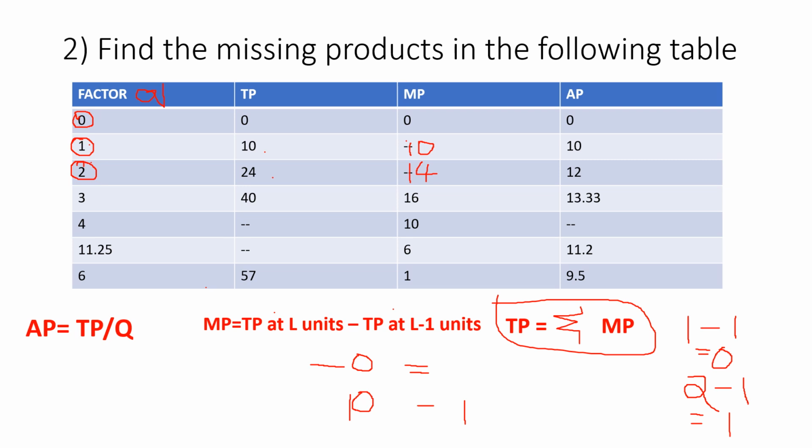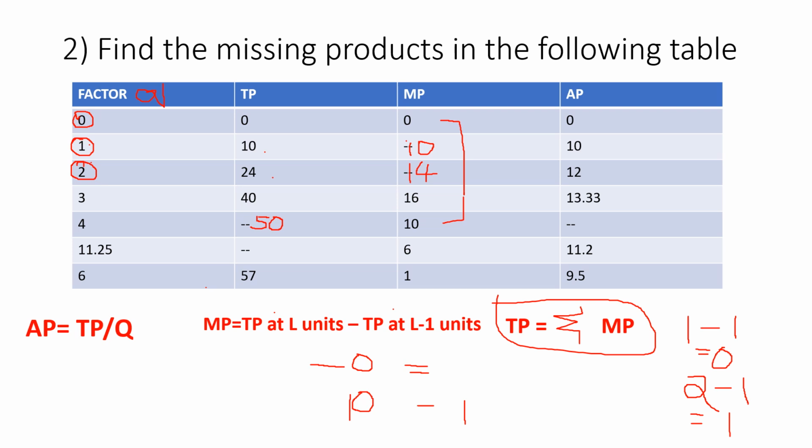The fourth one is blank. How do you add? You will add up from here to here. So add 10 plus 14 plus 16 plus 10. How much? Your answer comes up to 50. Correct?